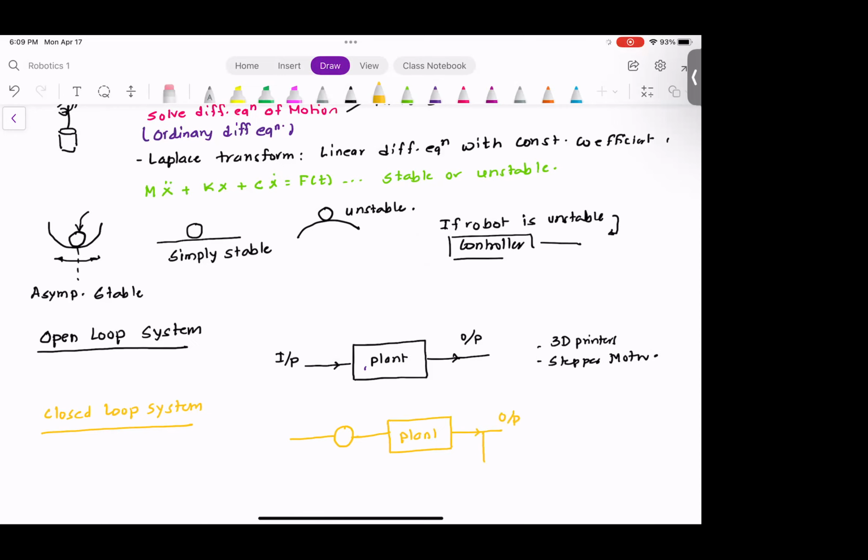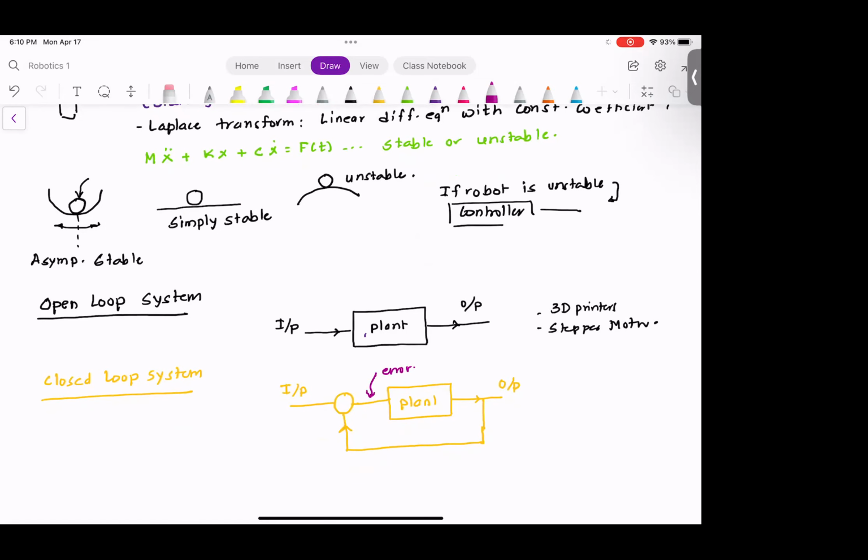What happens is this output is sampled back and compared with the input, and here what you have is the error. So what that means is there is a feedback. So this is the feedback. And that's why this system is called the closed loop system.